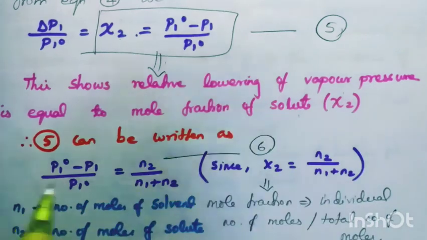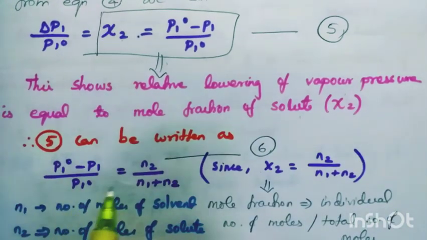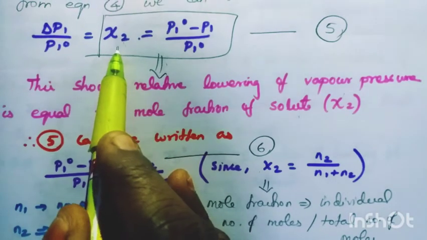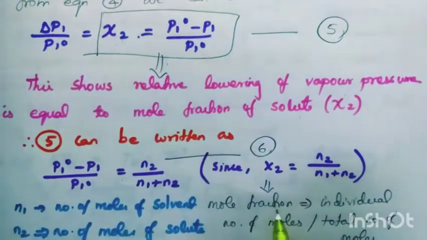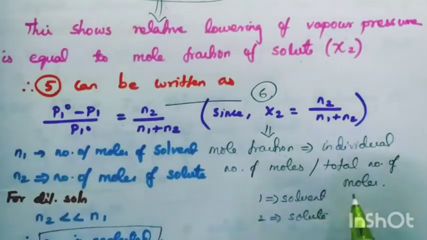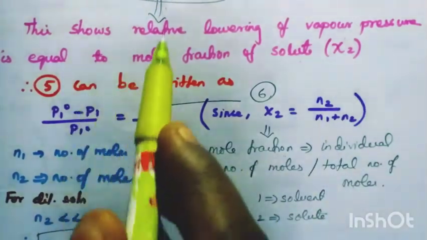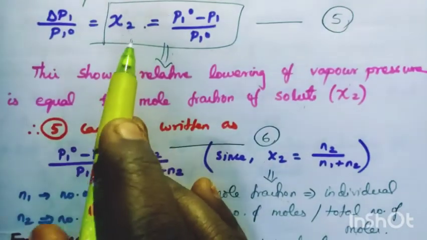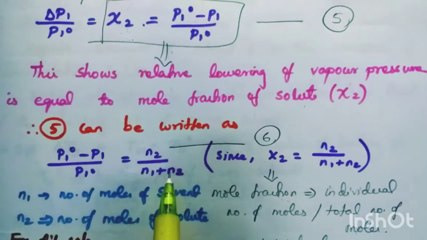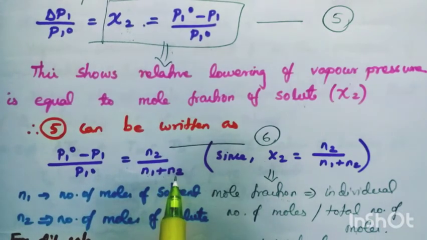So P1 naught minus P1 by P1 naught is equal to X2. Mole fraction is nothing but the individual number of moles divided by the total number of moles. Here it is X2, so the individual number of moles n2 by the total number of moles n1 plus n2, solvent and solute.